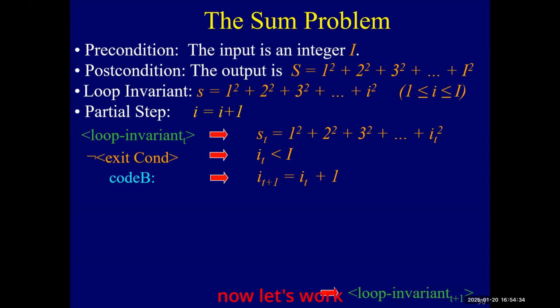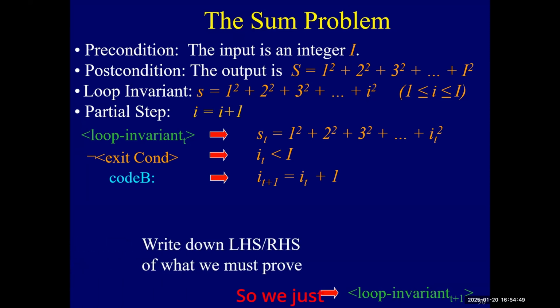Now let's work backwards. What do we need to prove? We need to prove that the loop invariant is true after we go around again, i.e. for the t plus 1 values. So we just copy it down. Here you see I've copied it down.